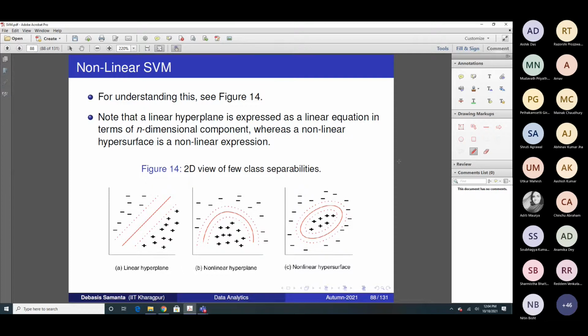Now in this slide, figure B and figure C show the nonlinear hyperplane that is required to divide data which are linearly not separable. In figure B, the equation of the hyperplane, again in a two-dimensional plot, looks like a hyperbola. On the other hand, in figure C, it is the equation of an ellipse. And you know what the equation of a hyperbola and the equation of an ellipse are.